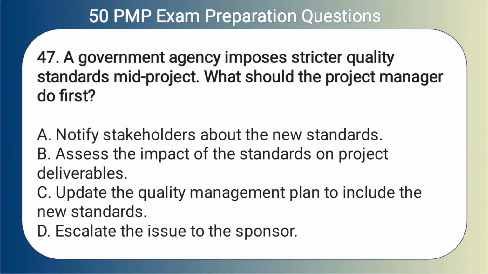47. A government agency imposes stricter quality standards mid-project. What should the project manager do first? A. Notify stakeholders about the new standards. B. Assess the impact of the standards on project deliverables. C. Update the quality management plan to include the new standards.